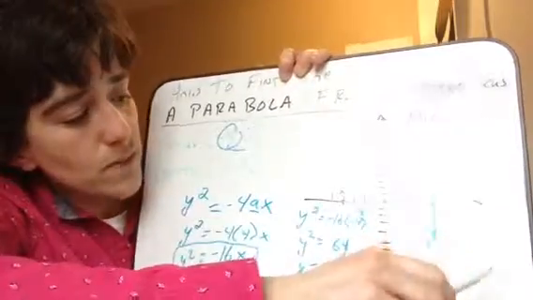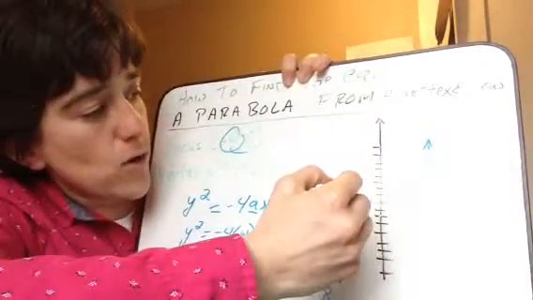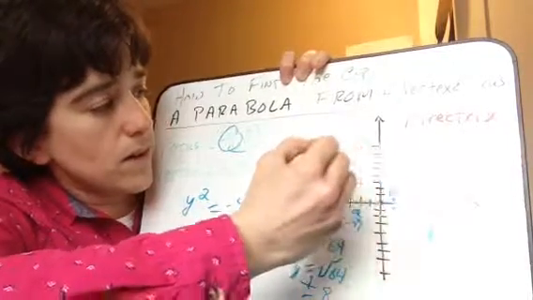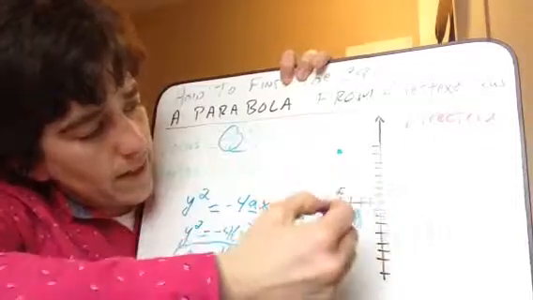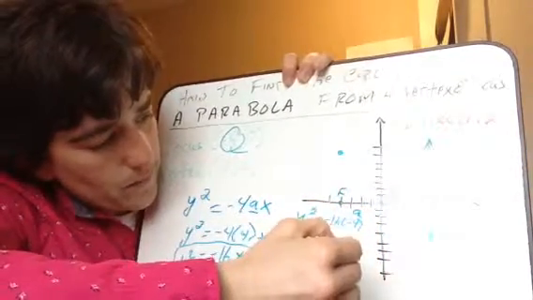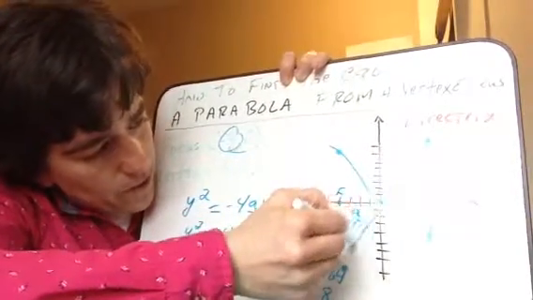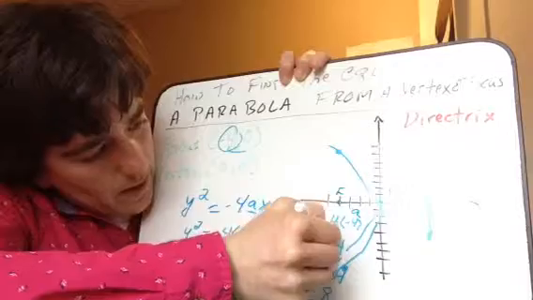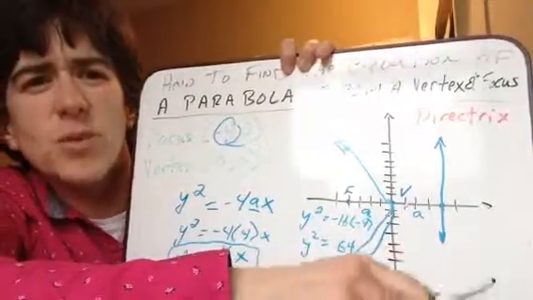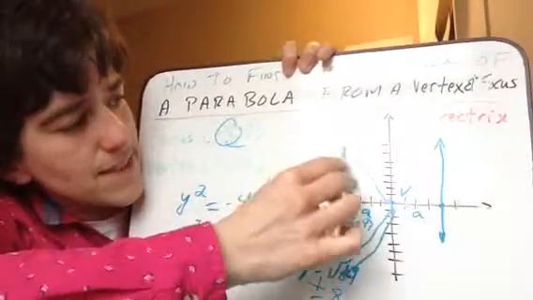So knowing that, from the focus, I can go up 8 points, and I can go down 8. And what I now have is my parabola drawn. All right, that's what we call graphing the parabola.